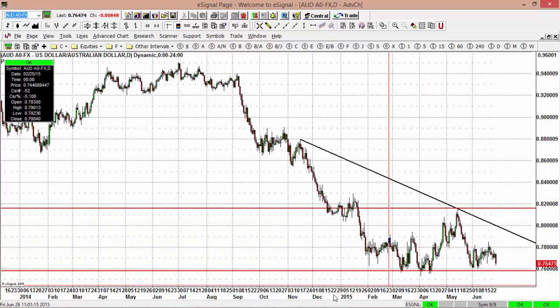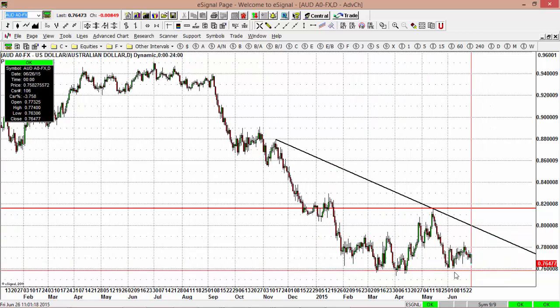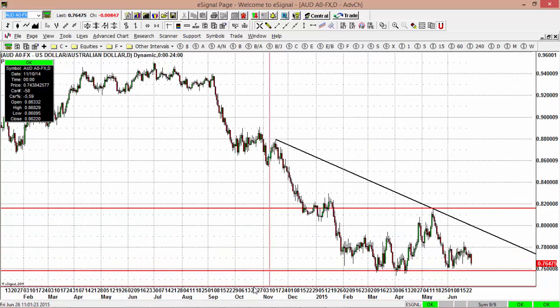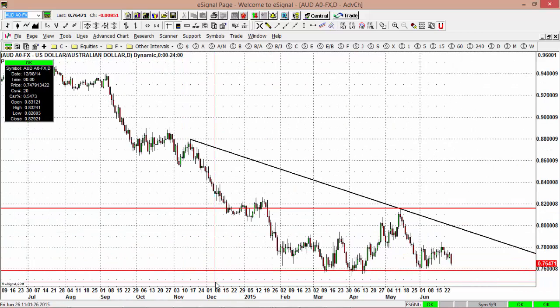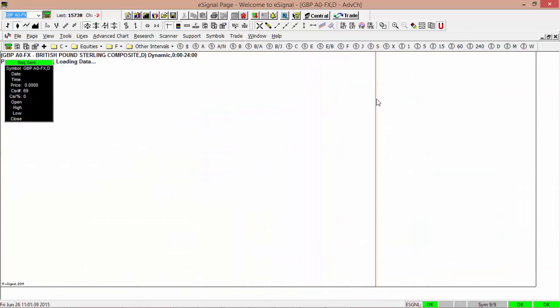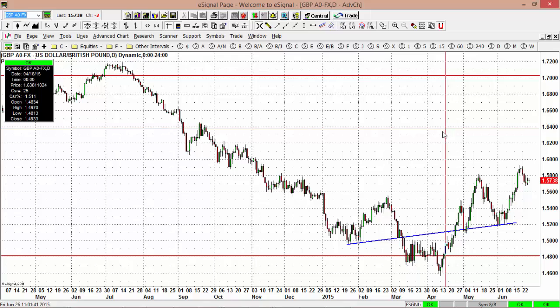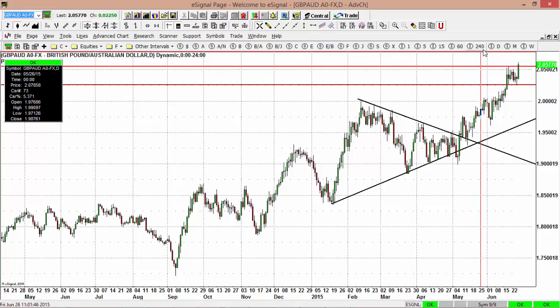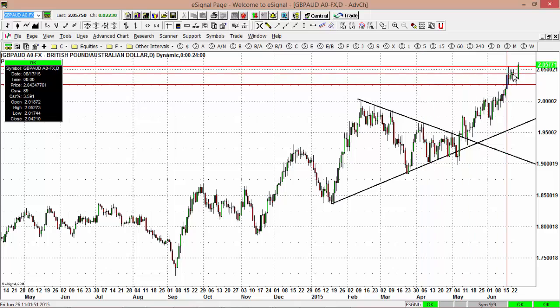Remember, we have been speaking about the fact that this 76 level is critical support in the Australian dollar, and we could see a challenge coming up next week. Because the Australian dollar is down heavy today and the British pound is pretty much unchanged, the British pound versus the Australian dollar is up so much. The Australian dollar is down, the British pound is really unchanged, so the cross is rallying.